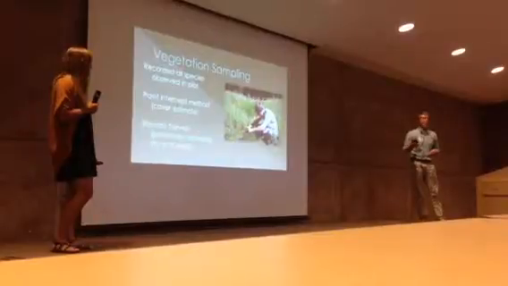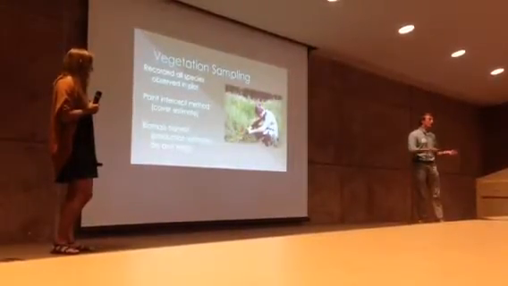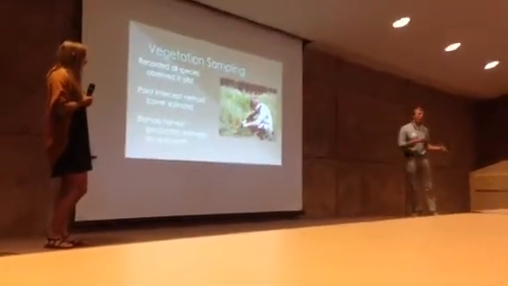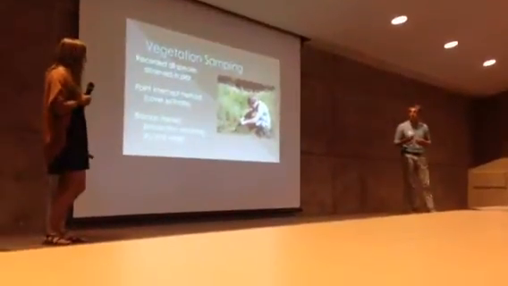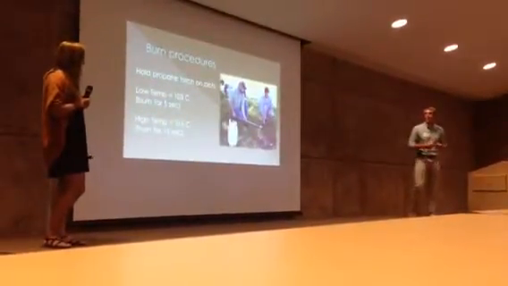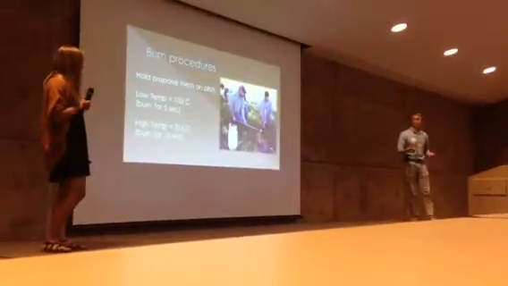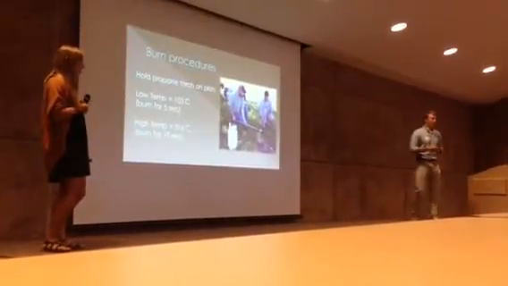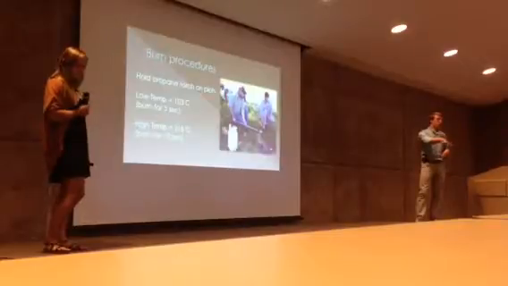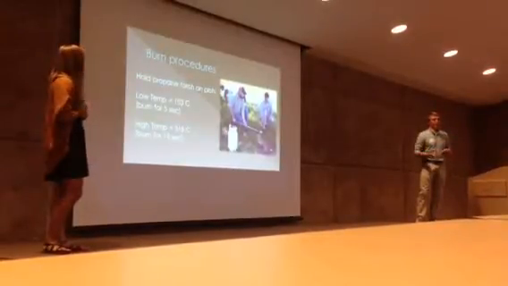I should note that vegetation sampling takes place before and after each burn for purposes of comparison. And then we move on to the fun part, the burning. We use a propane torch to burn each plot, and that involves holding the torch over the plot for either 5 or 15 seconds.